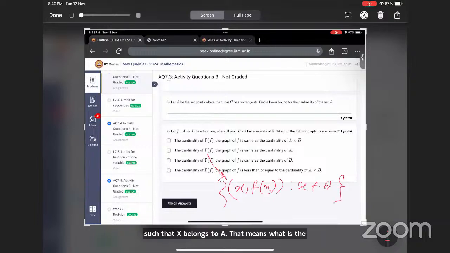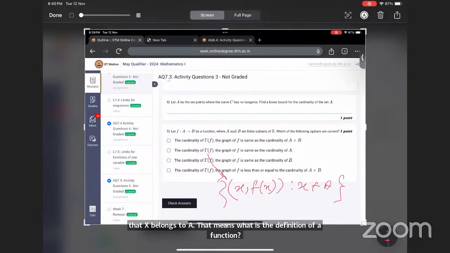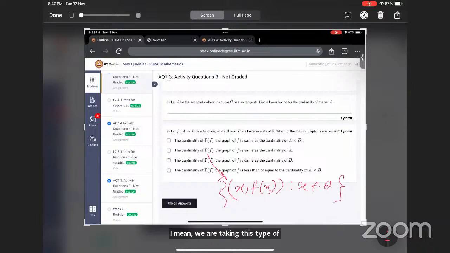We are taking pairs x comma f of x for each x belonging to the domain, right? So we cannot take pairs like x comma f1 of x, because from the definition of a function, one input should be mapped to a unique output, right?